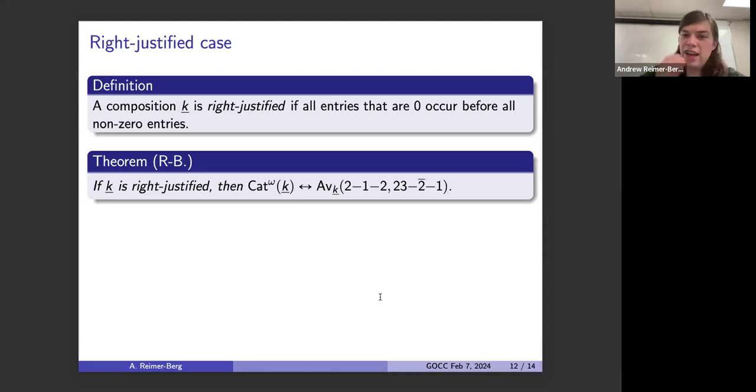So avoiding 2-1-2 just means that in our word, any time a letter repeats, everything in between has to be weakly larger. Like you can't have a 6 here and a 6 here and then something smaller in between.